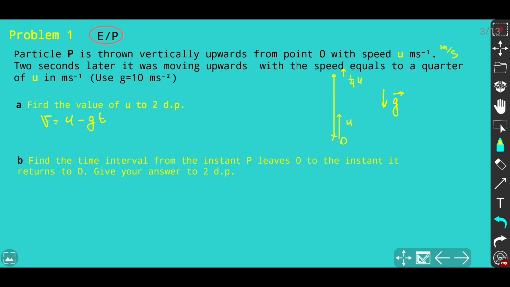Instead of v, the final speed, we can use a quarter of u according to the initial statement. So if we plug this into the formula, we get u over 4 equals u minus gt. We're given the time, which is 2 seconds, and g equals 10, so from here we can calculate u.